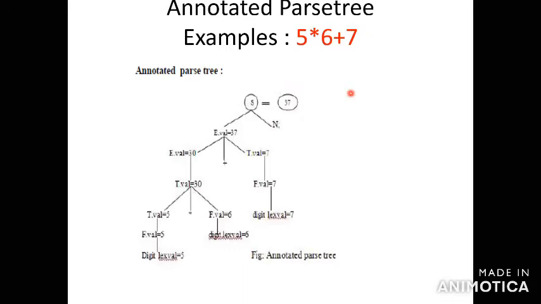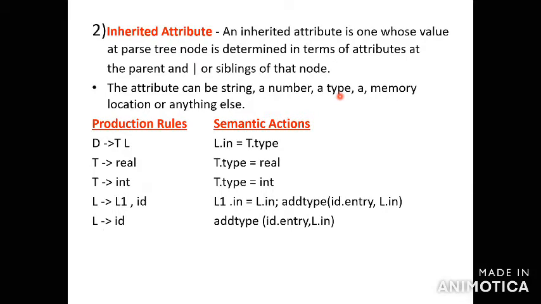So how to draw the annotated parse tree? Based on the given context-free grammar only, you do the annotated parse tree construction. Next, what are inherited attributes? The first one is synthesized attributes. Based on the parse tree, you draw the node from the children of the node.